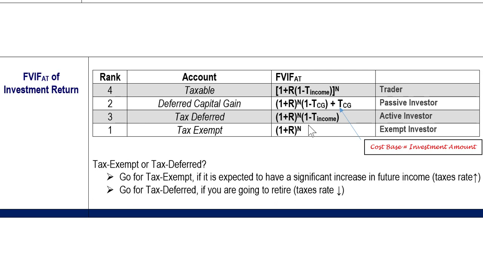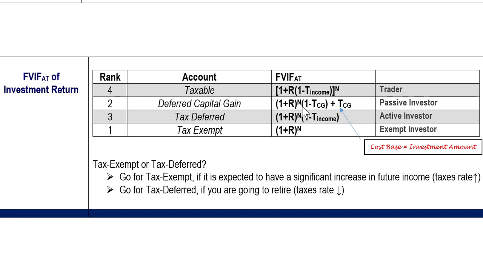So this is the calculation. And for the taxable account, every year you get a return, you have to pay tax. So it's (1+R) times (1 minus tax rate), to the power n. This will give you the lowest value.